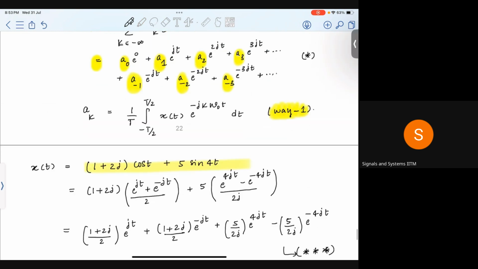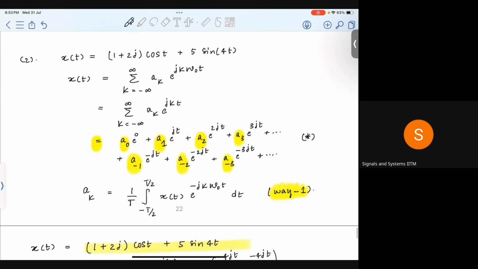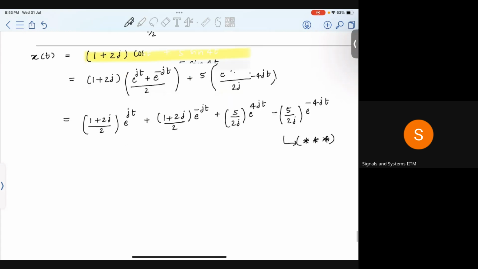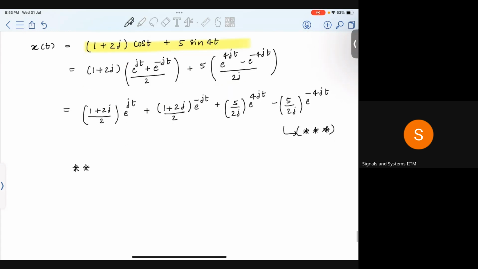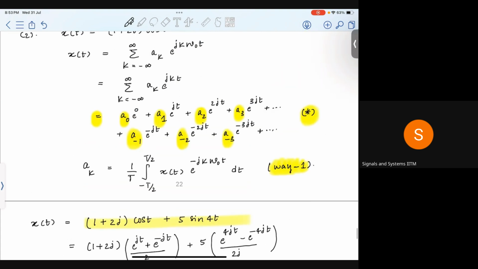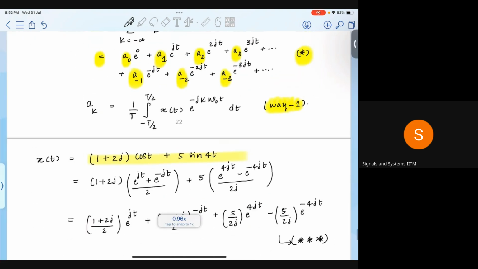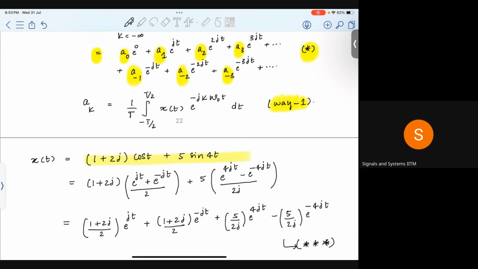What our analysis tells us is that this signal is periodic and has a valid Fourier series representation, hence it can be written as star. So star and triple star are in general equal, because any periodic signal has a valid Fourier series representation, and it also satisfies the Dirichlet conditions. If these two should be equal, then what are the coefficients?